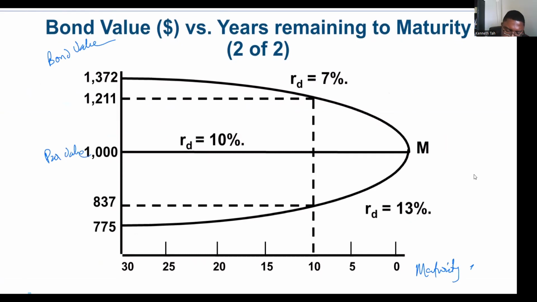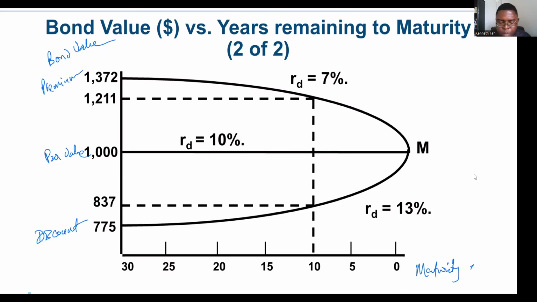And let's look at this example where we have the bond selling at a discount. So selling at a discount means the bond is selling for less than the par. And then here we have the bond selling at a premium, which means the bond is selling for greater than the par.